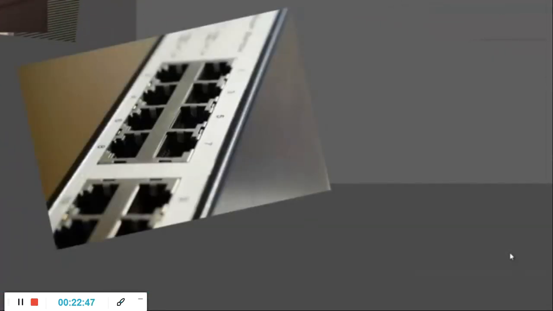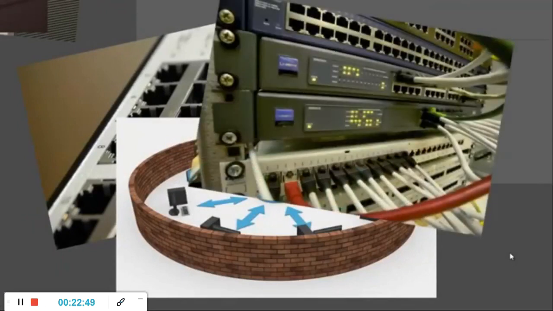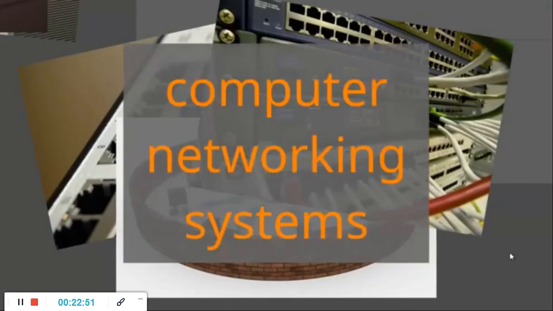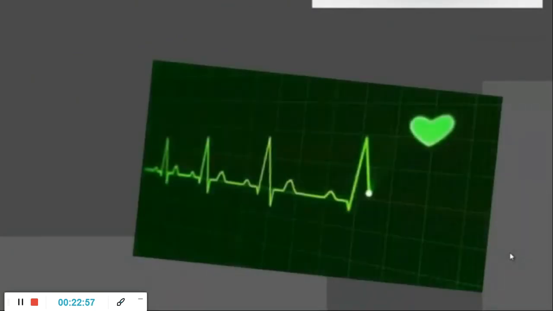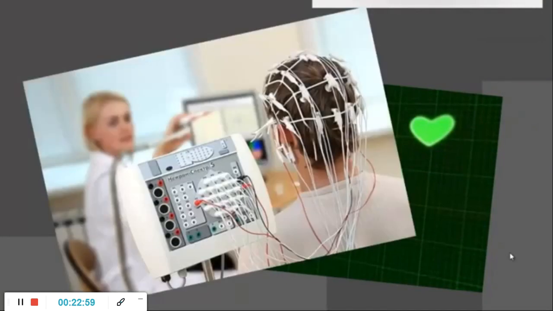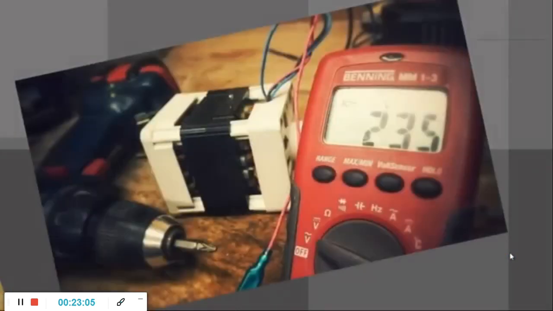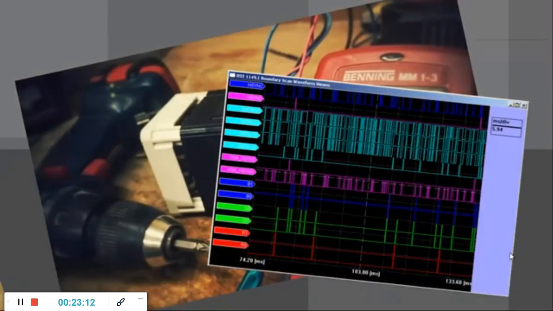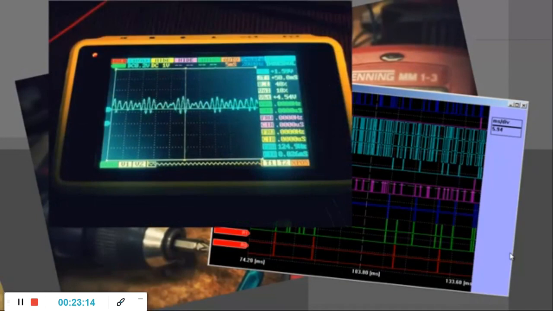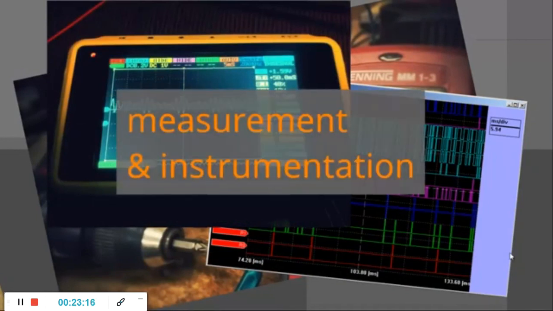Embedded systems are used for networking also: router, network switches and firewalls. Many healthcare needs use embedded systems, such as heartbeat monitoring systems, for example ECG and EEG. Embedded systems are used for measuring instruments, for example multimeter for voltage and current measurement, logic analyzer and digital oscilloscope.